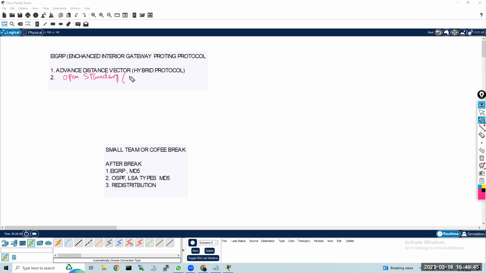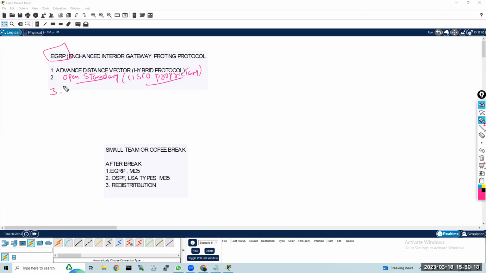Cisco proprietary means EIGRP could be configured only on Cisco devices. We cannot configure EIGRP on non-Cisco devices like HP, Dell, or any other vendors. Now they have made it open standard, so you can configure EIGRP on all devices.